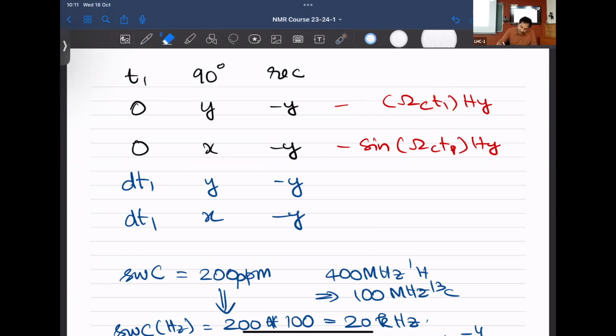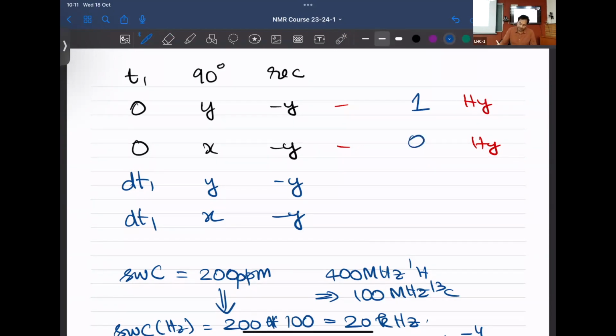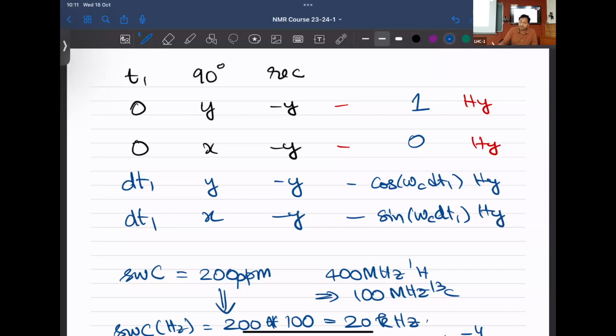Since T1 would have been 0, you end up getting 1 and you end up getting 0. On the other hand, the moment you have a non-zero dt1, you will have a minus cos omega c dt1 times hy minus sine omega c dt1 hy.